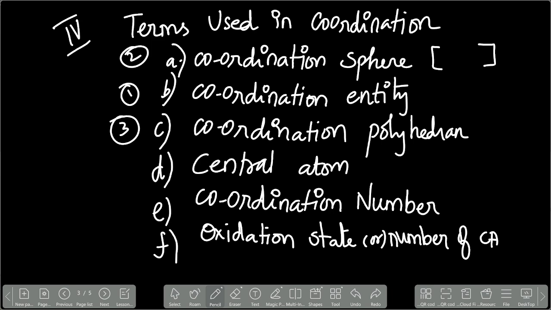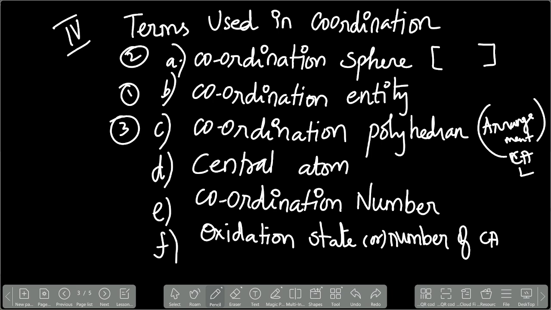And the lattice arrangement in three-dimensional space where the metal atom and ligands are arranged, the arrangement of the central atom and ligands in three-dimensional space, is called the coordination polyhedron.